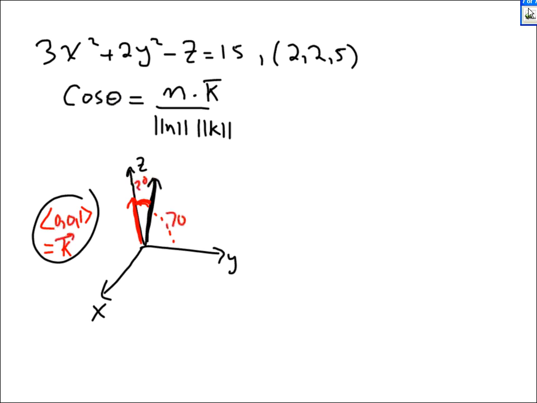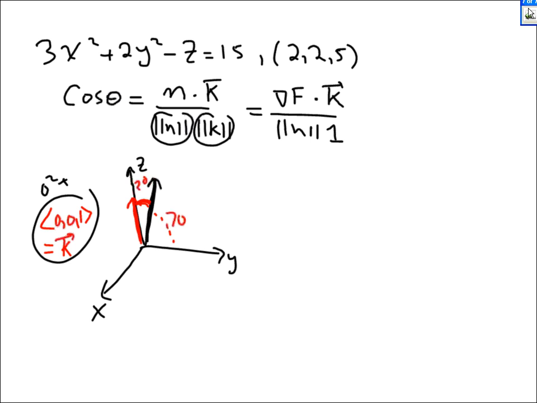Now, the normal vector is just the gradient of f, dotted with the k, divided by the length of n. But what is the length of k? The length of k is 1. After all, 0 squared plus 0 squared plus 1 squared, square root, that's 1. So we don't even have to do this. That kind of comes for free.